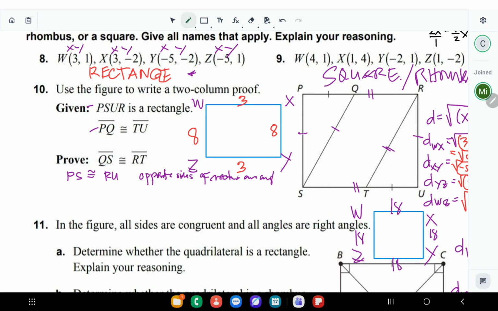We already knew that this side is equal to the other side and this one is congruent to the other side. Then we can conclude that QS is congruent to RT by SSS congruence.